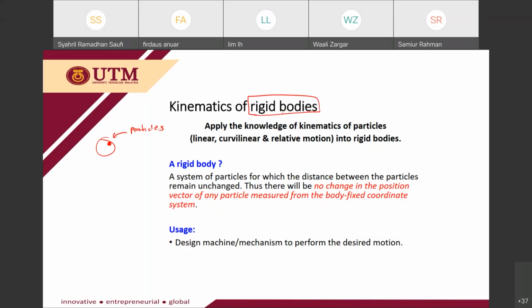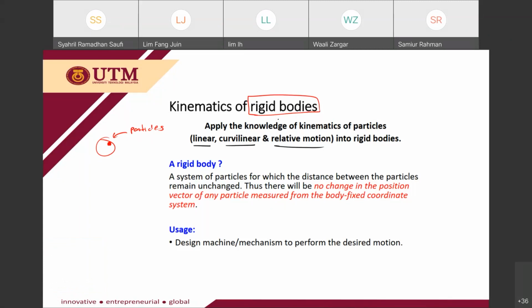If you apply a force to these rigid bodies, then you will have a moment or a rotation, because we consider the dimension. So for the rigid body, you also need to do the analysis of linear, curvilinear, and relative motion.